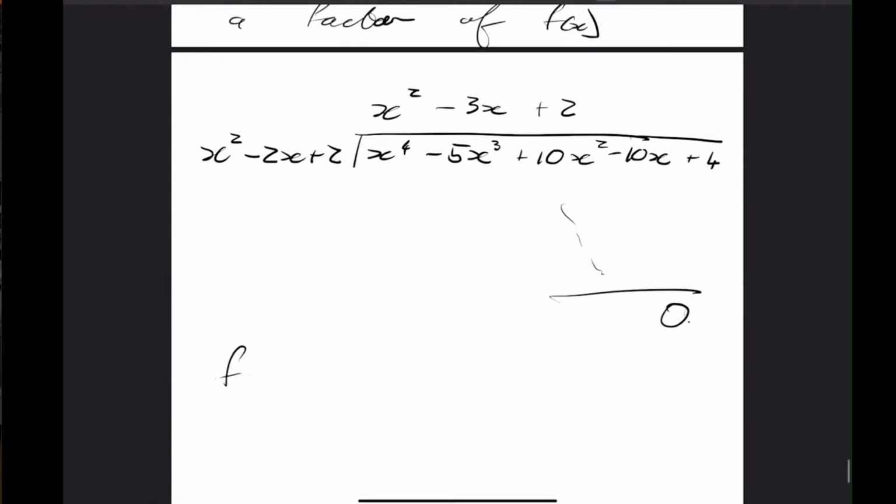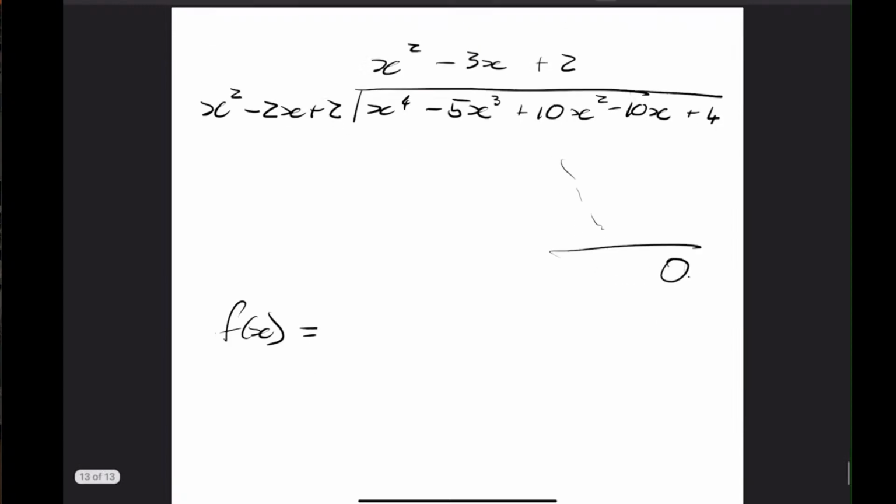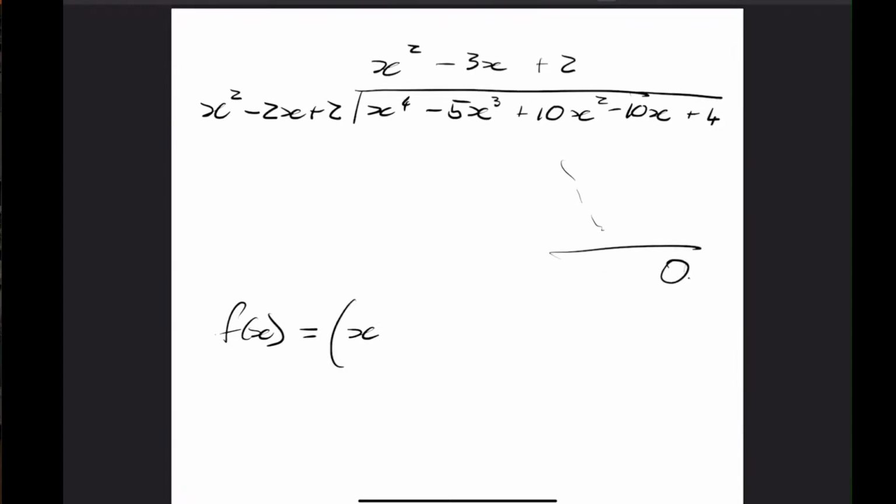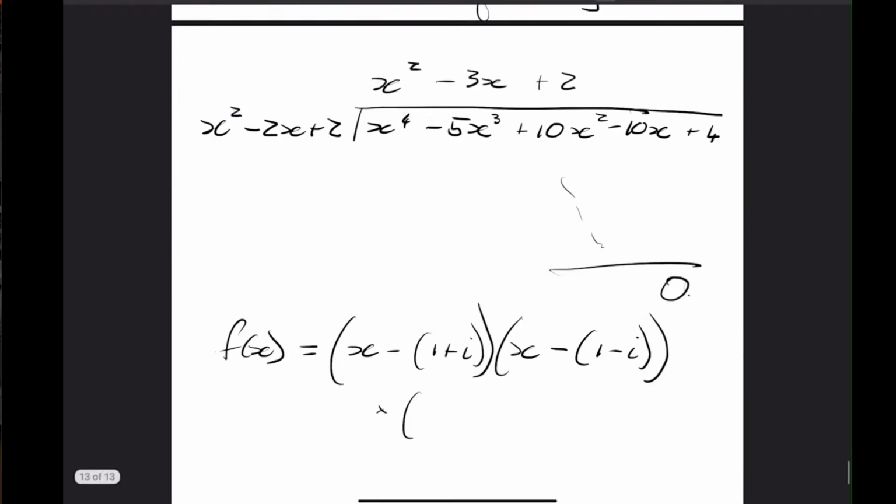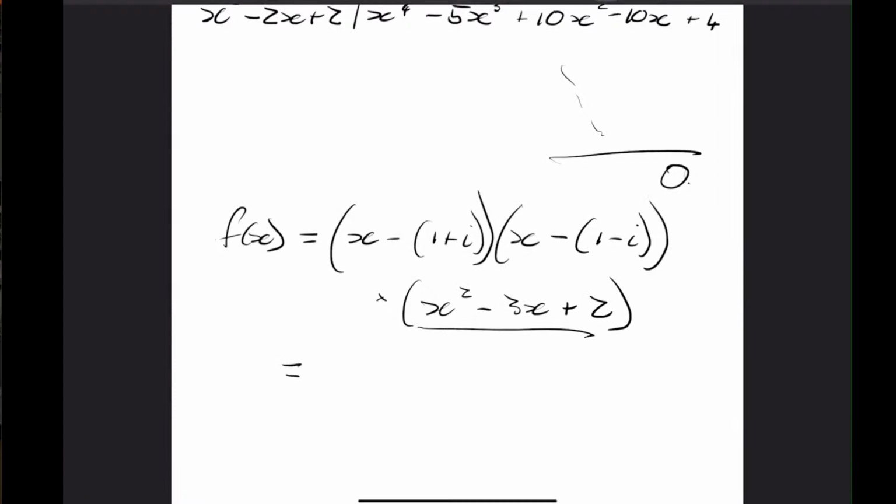So what do we get? We can factorize f of x as follows: x minus 1 plus i, x minus 1 minus i, multiplied with the quotient that we get if we divide by that, x squared minus 3x plus 2. Let's see this quadratic.